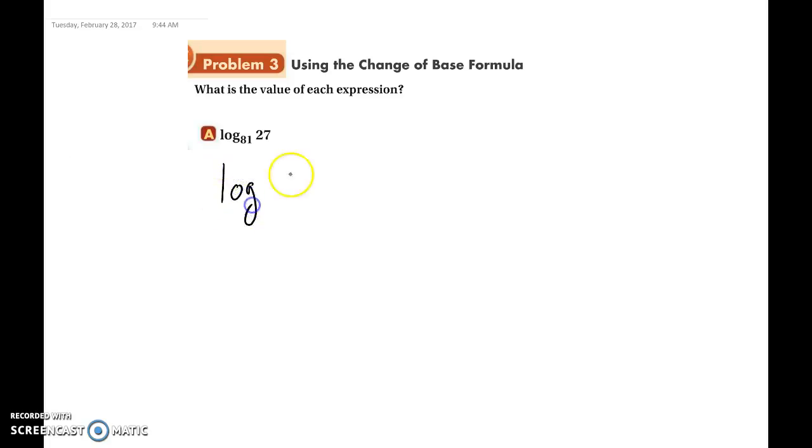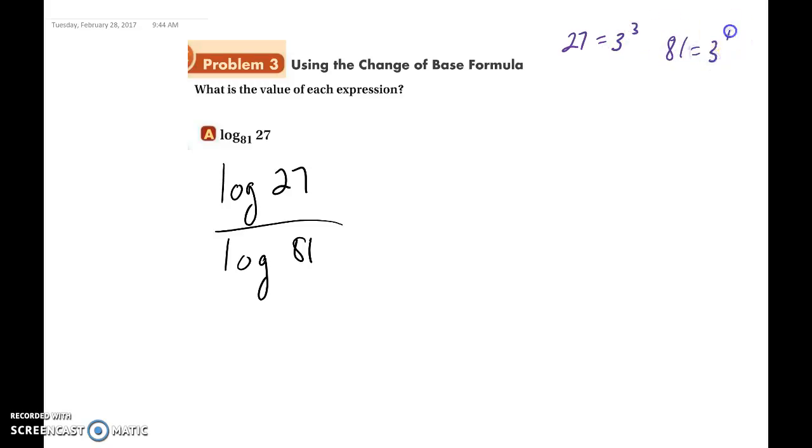So we know it's going to be log of 27 over log of 81. But we need to rewrite and create a base. So since 27 can be rewritten as 3 to the third power, and 81 can be rewritten as 3 to the fourth power, they're both 3 raised to some power.